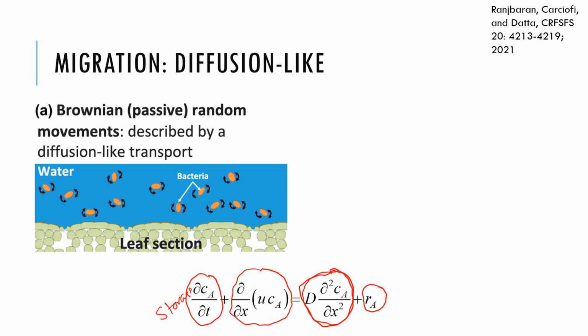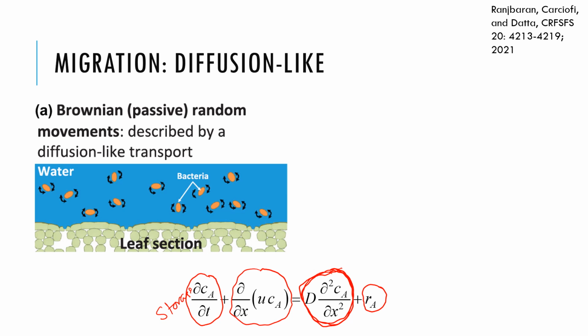You can see Brownian motion of tiny fat particles by clicking the video on the screen, and so these random movements can be handled by treating them as diffusion-like. We can think of Brownian motion as simply due to constant thermal agitation. It's because they have thermal energy, they are not at absolute zero.